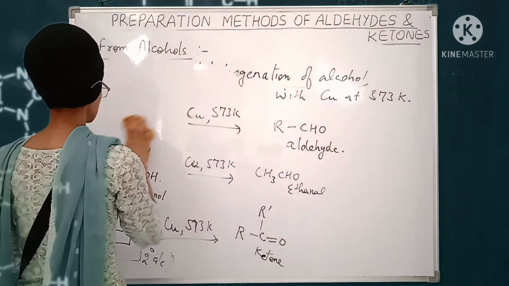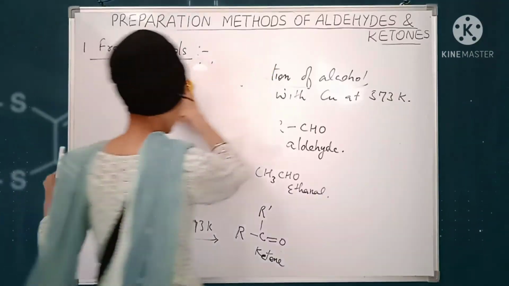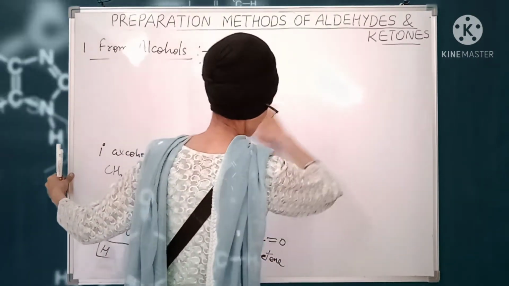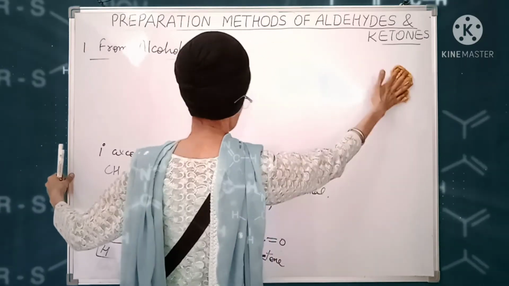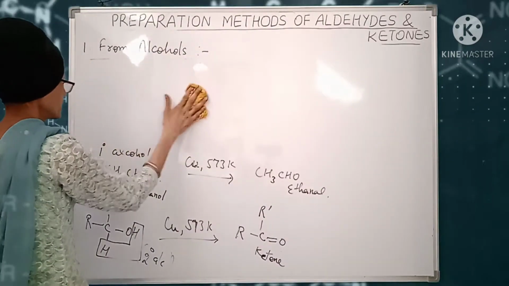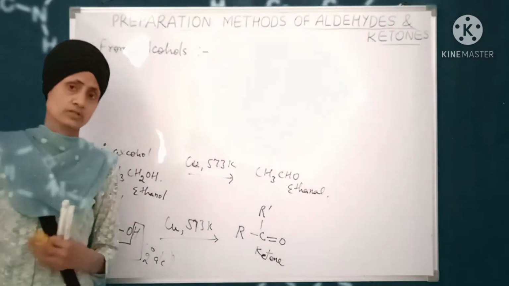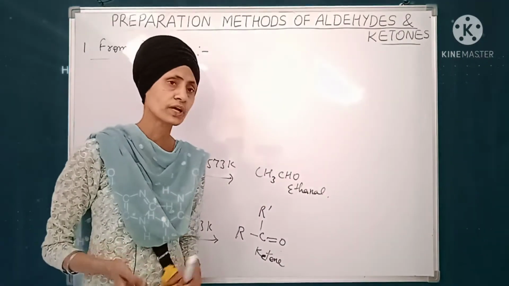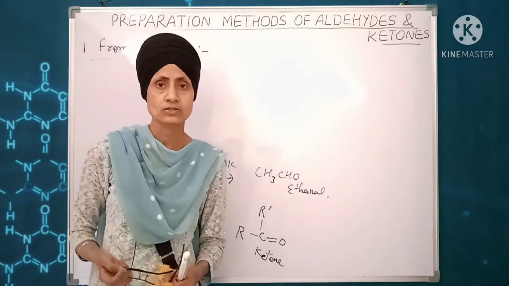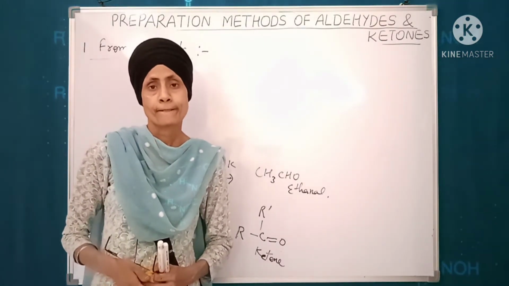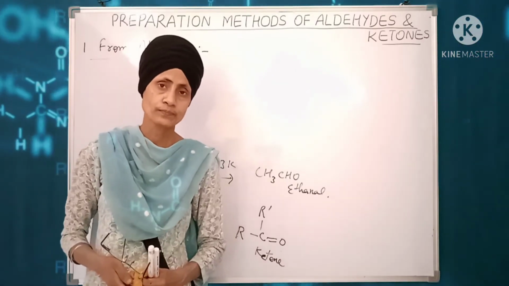And keep in mind that 3-degree alcohols don't get converted to aldehydes or ketones, they just undergo elimination and change into alkenes. So 3-degree alcohols cannot be used for catalytic dehydrogenation, since the product will not be an aldehyde or ketone and we will get alkene. So that is not a successful method to prepare aldehydes or ketones from 3-degree alcohols.